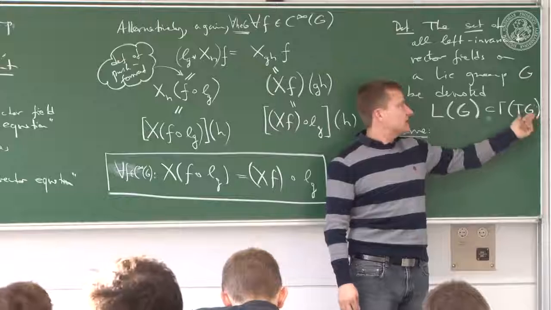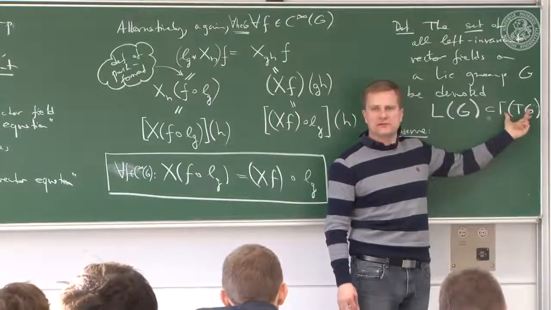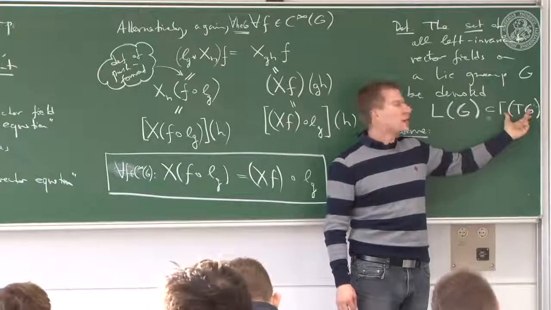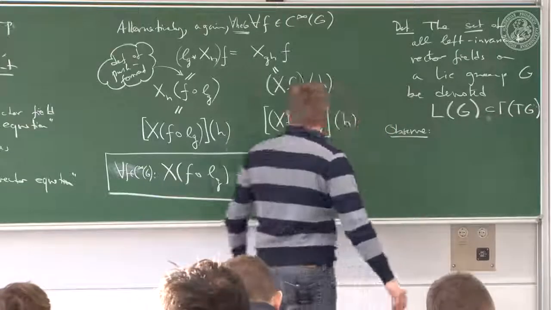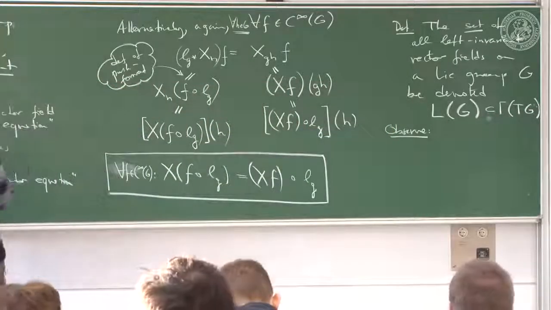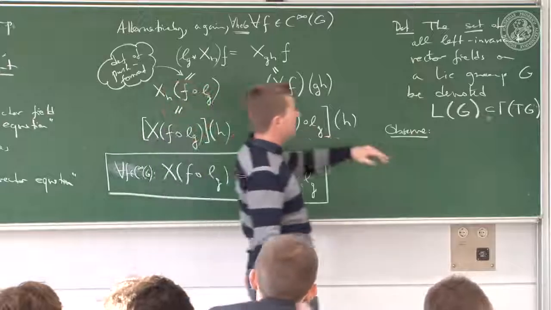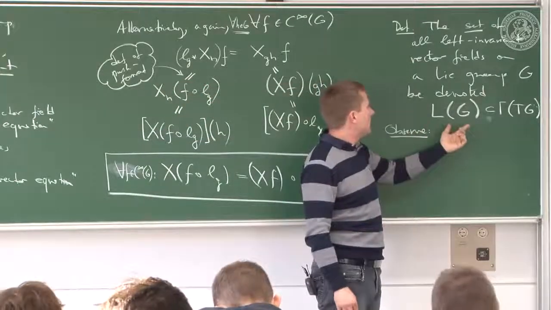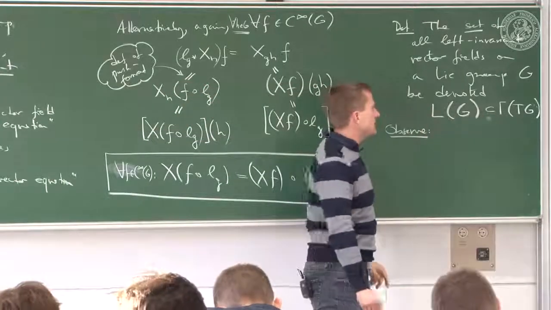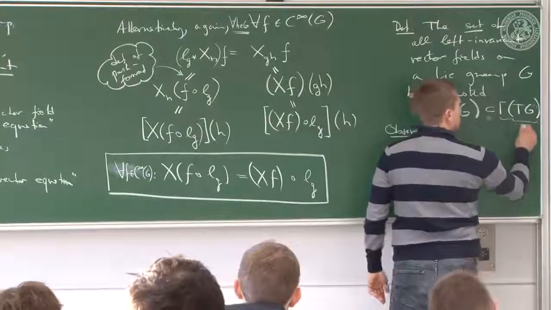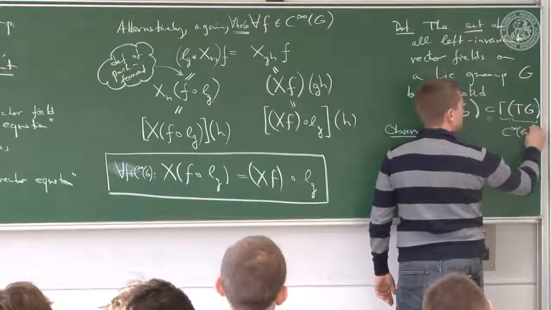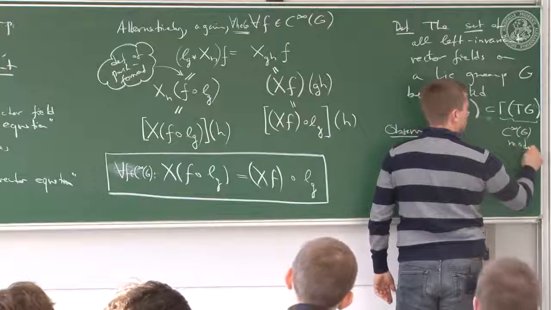Remember, the sections of the tangent bundle are all the vector fields, right? It's clearly a subset because it's special vector fields, vector fields with a particular property. Now, it's a subset, and this guy here is a C infinity G module.